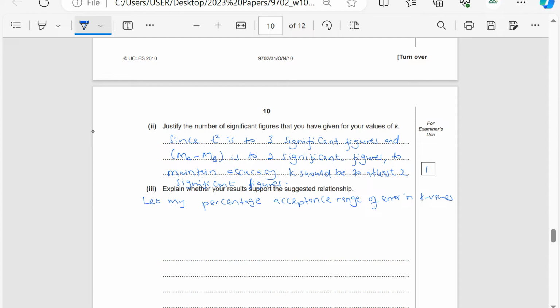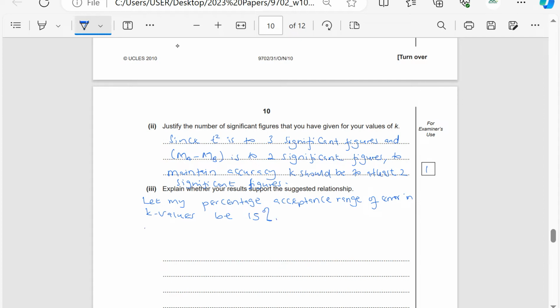Of course, you're not supposed to write it there. Let my percentage acceptance range of error in k values be, she said, 15%.